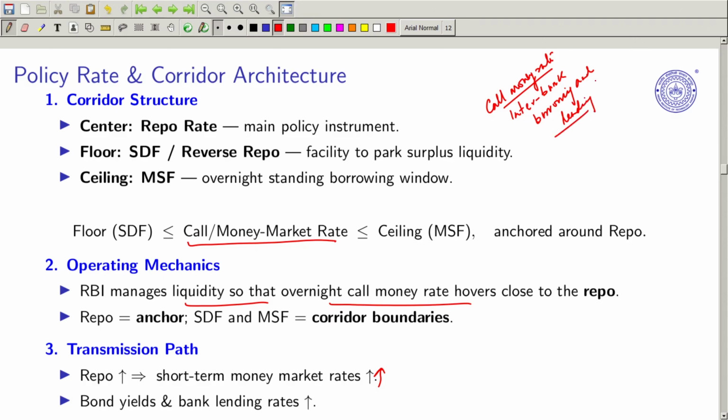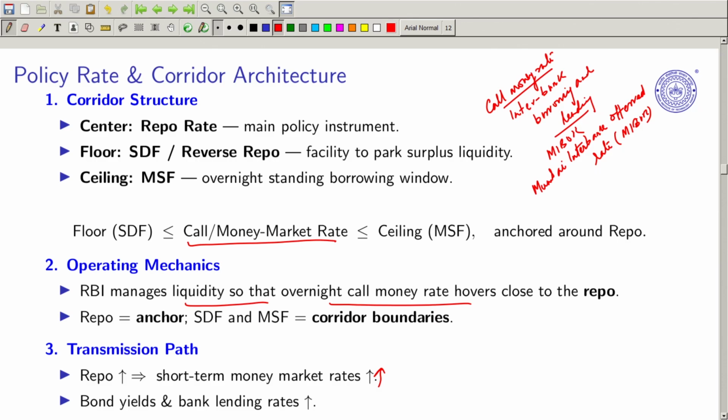Second, we have MIBOR, the Mumbai Interbank Offered Rate.